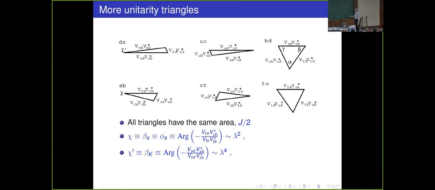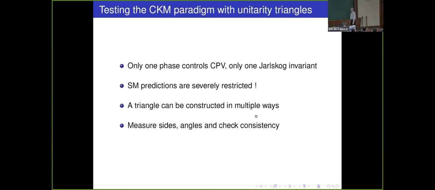The other triangles are somewhat flat, and therefore the errors make things hard to measure. For example, this side is about 10 to the power minus 3 times this side, and such triangles are always very hard to construct.